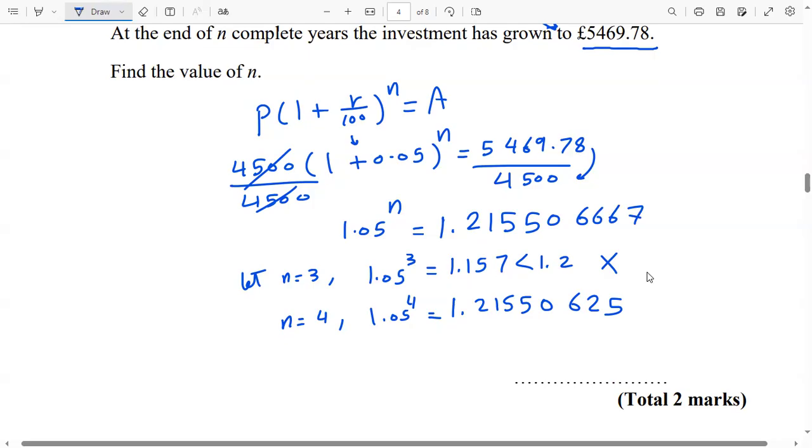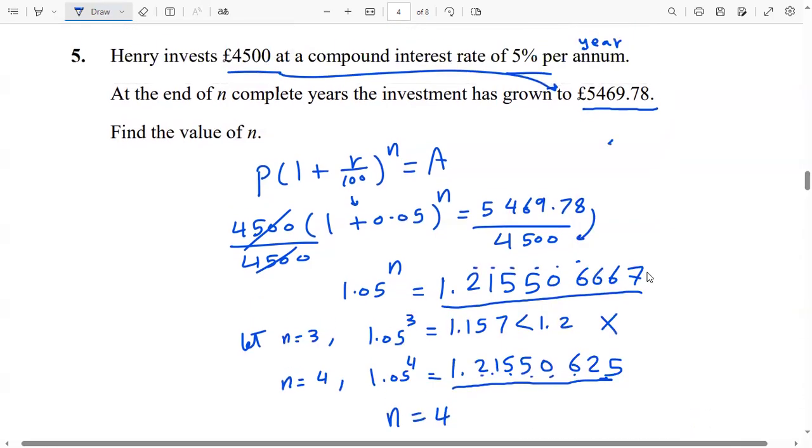This is almost the same. Here, 3 years will not be the same value; it's a little bit less. You can say n equals 4, no problem, because for 6 decimal places it's correct. So after 4 years, you will get this amount.